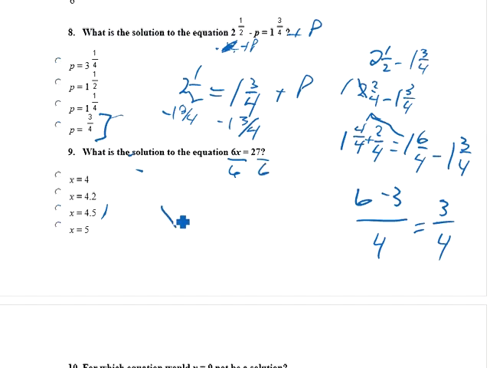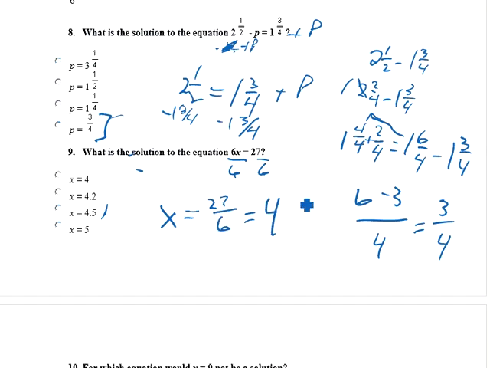So I get x equals, 6 over 6 is this 1, so that's 1x, 27 divided by 6, or 27 over 6. And I can do 6 goes into 27 4 times. That's 24. So it goes in there 4 times.